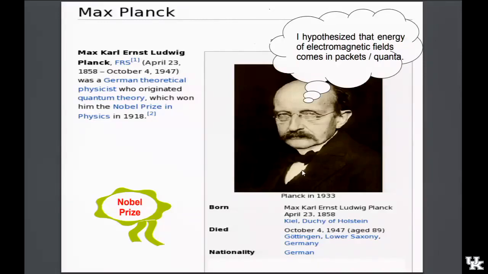So the story I'm going to tell you now is, firstly, the features of black body radiation, so the color and the intensity of the black body radiation, and where that broke classical physics.